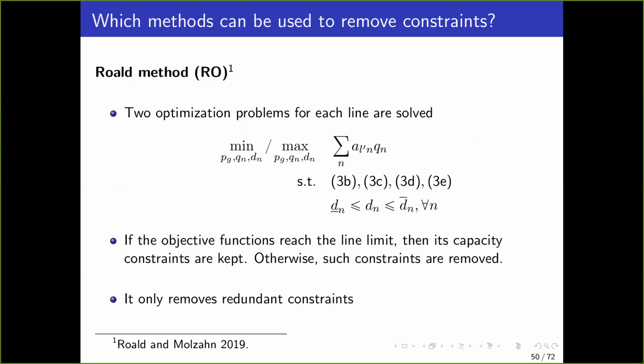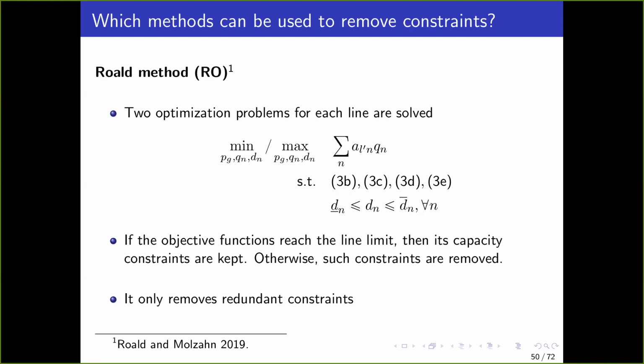Then the roll method, this is one of the existing methods in the literature to remove these network constraints. So for each line in the system, you have to solve an optimization problem that maximizes the flow through a given line. So let's say that all generating units are producing what is needed to maximize the flow through a given line.